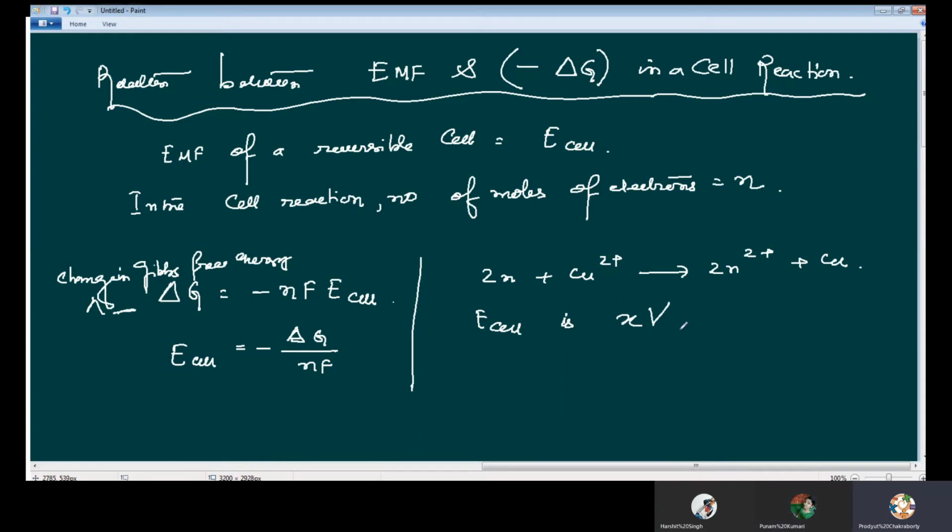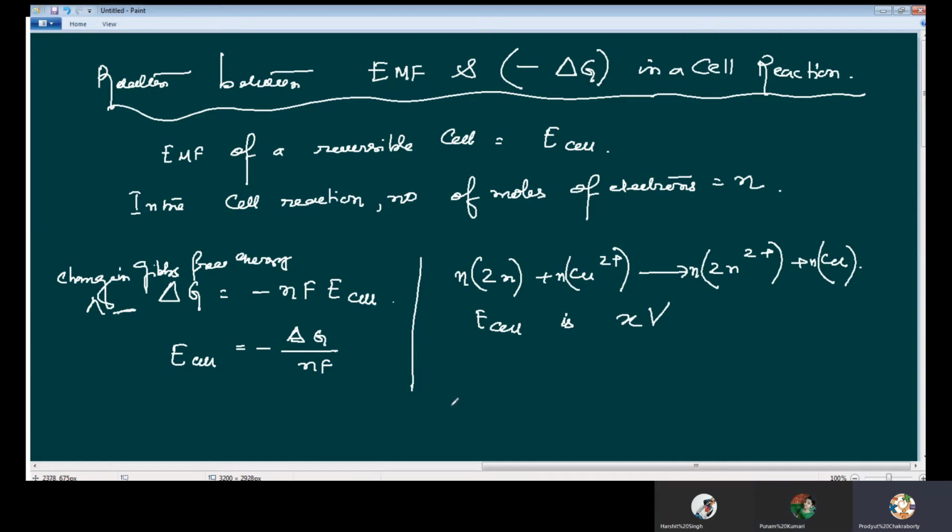If the reaction is multiplied by a number n, so it would be n Zn, n Cu2+, n Zn2+, and n Cu, the number we are multiplying in the reaction. So why are we multiplying by n?